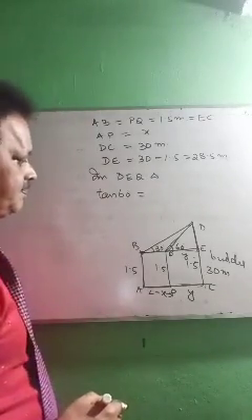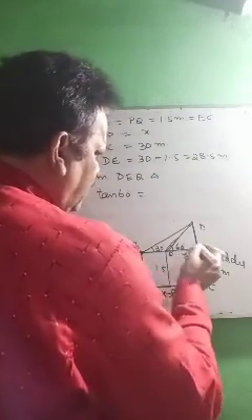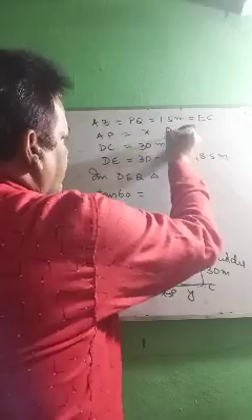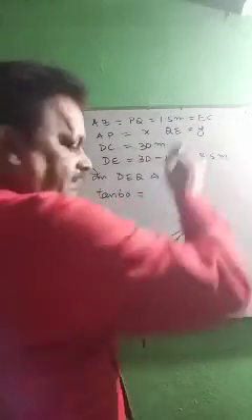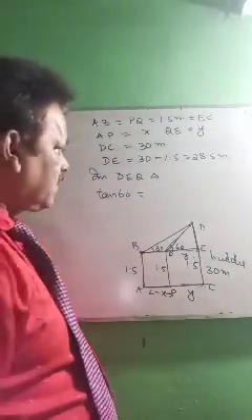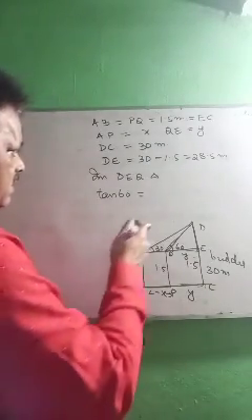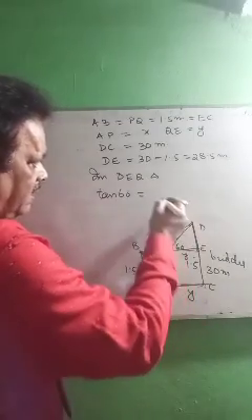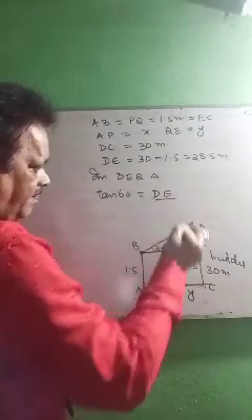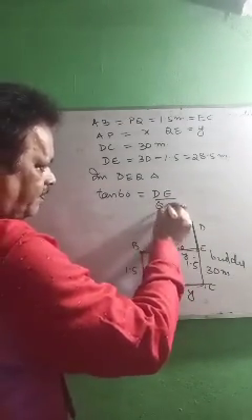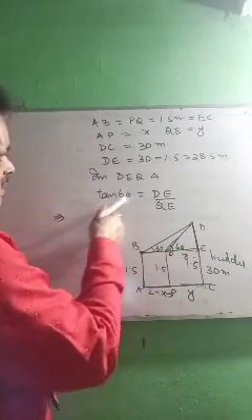I have taken QE equals Y. So tan 60 how much? Tan 60 equals perpendicular DE by base QE.